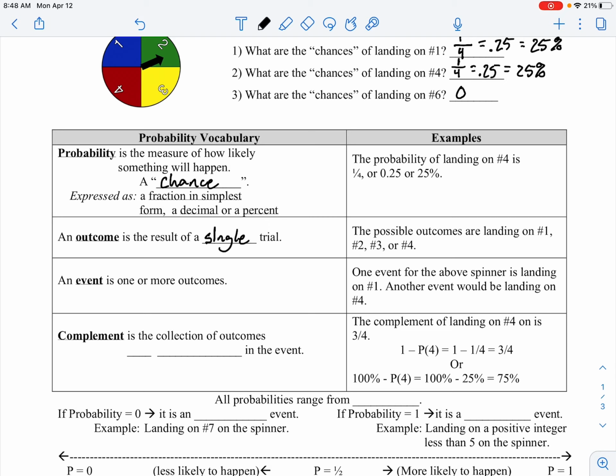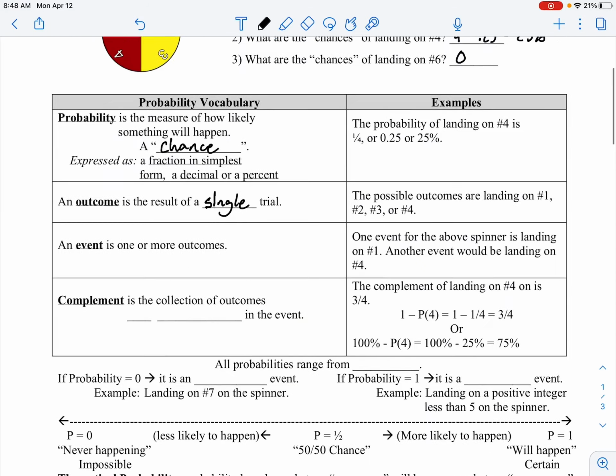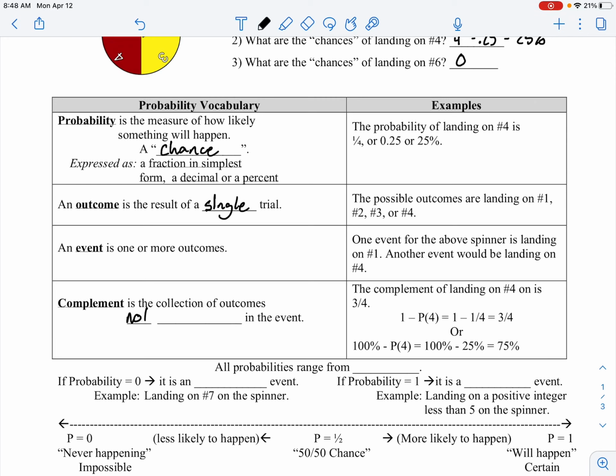And then finally, the complement is the collection of outcomes that is not contained in the event. So in this example here, the complement of landing on number 4 is 3/4, because we have a 1/4 chance of landing on 4, so there are 3 remaining ones that we could land on.